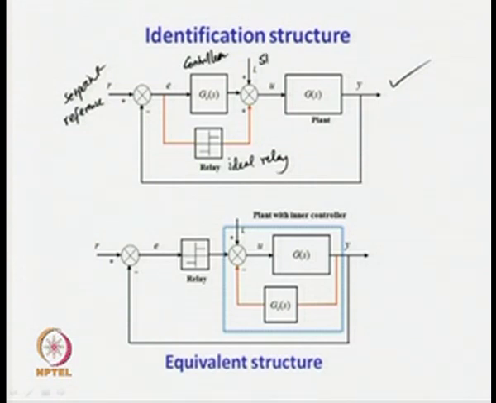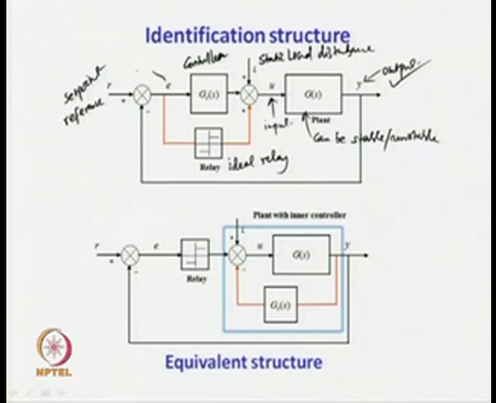L is the static load disturbance, and GS is the plant or process under relay control or during the relay feedback test. Now, the plant can be stable or unstable, and the remaining signals shown in this block diagram are Y, the output, U, the input, and E, the error.